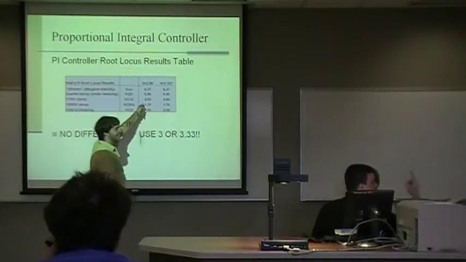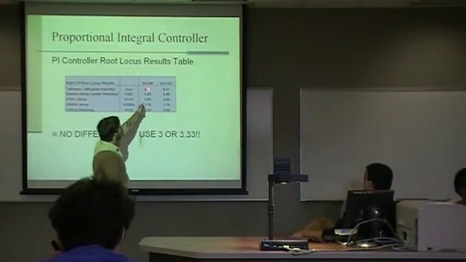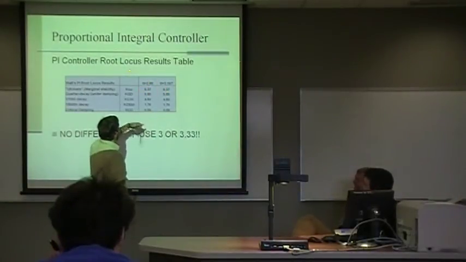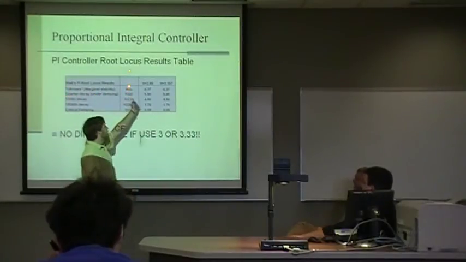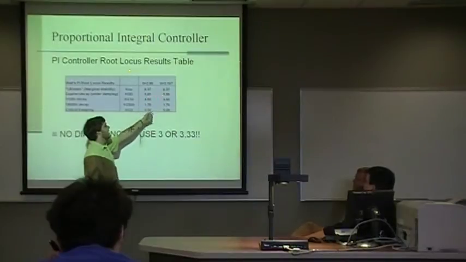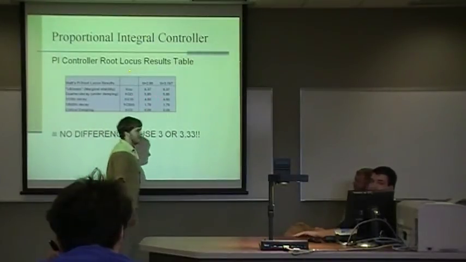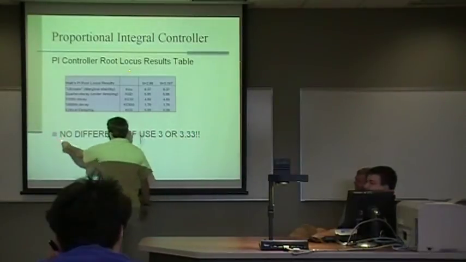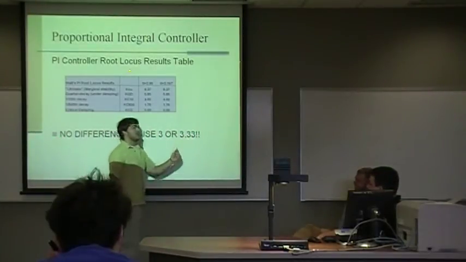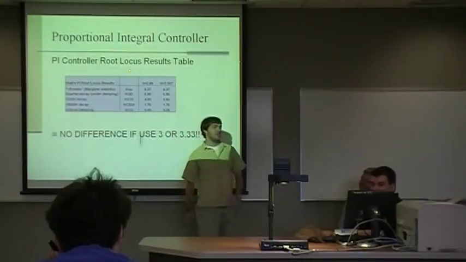It's the exact same. The quarter KC is exactly the same, and everything else is too. So no difference if you use 3 or 3.33 times T0.